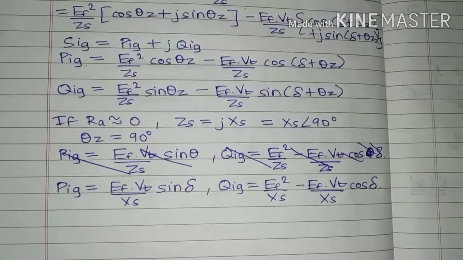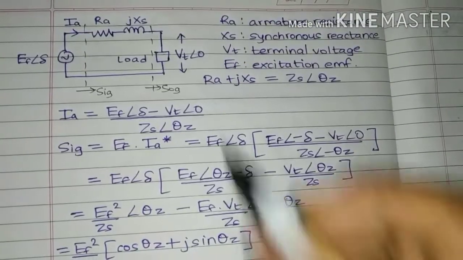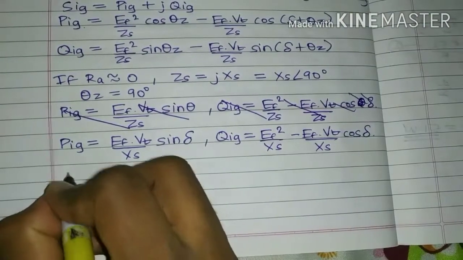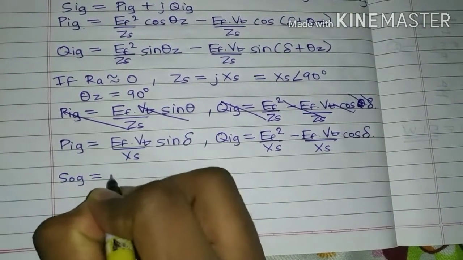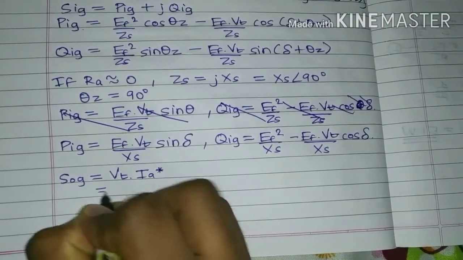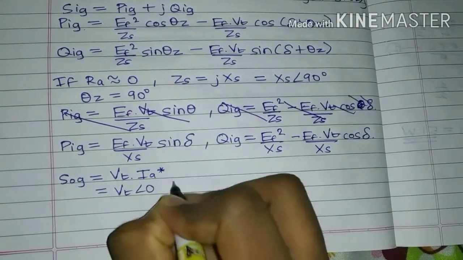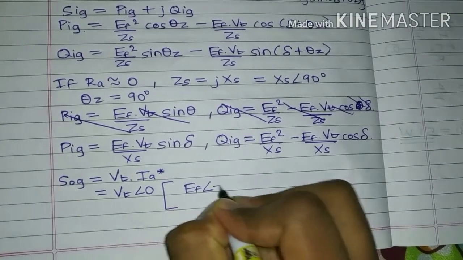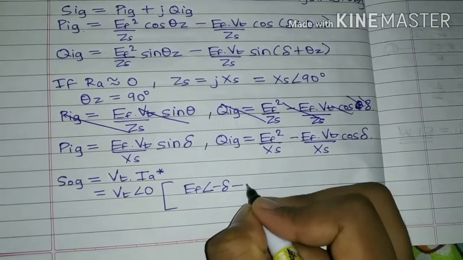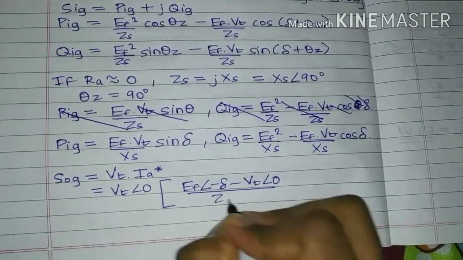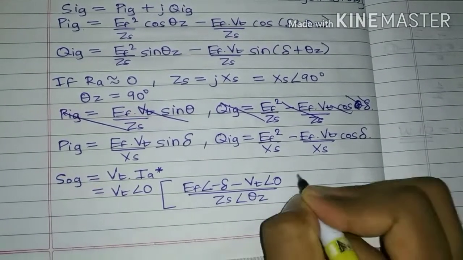Now let's find the equation for the apparent power at the output. So SOG will be equal to VT into IA conjugate, which is equal to VT angle 0 into EF angle minus δ, since it is conjugate, minus VT angle 0 divided by ZS angle minus θZ, not plus θZ.